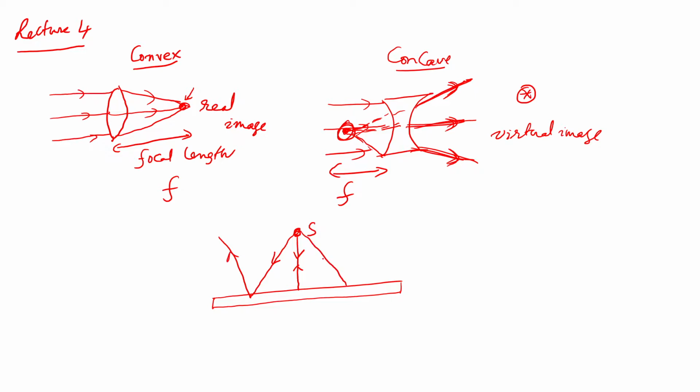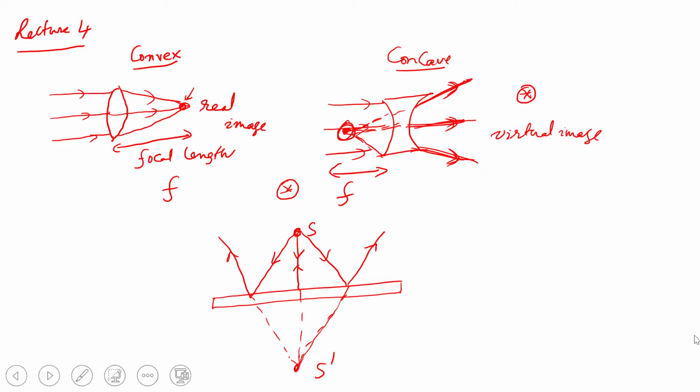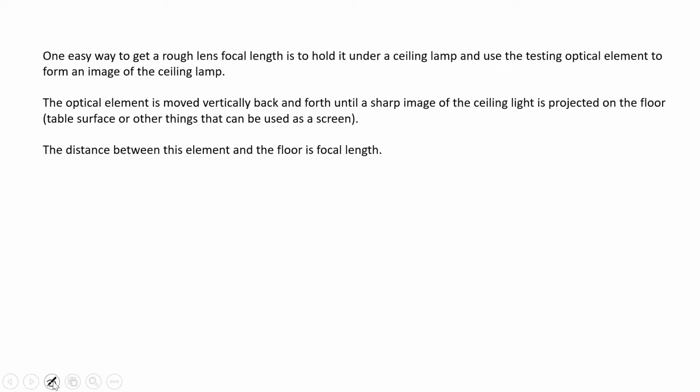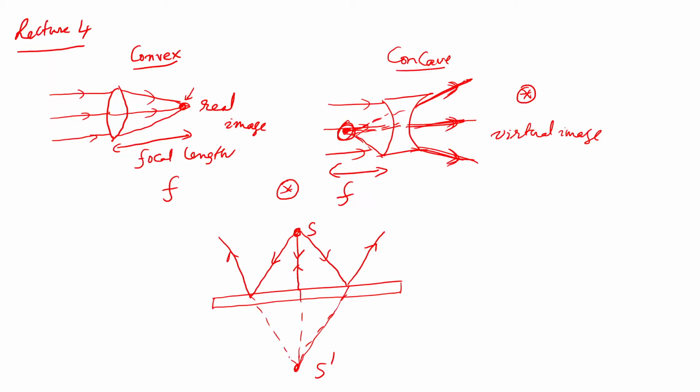If I am viewing from this side of the mirror, it appears as if these rays are coming from a point source S prime that is behind the mirror. There is no real point source behind the mirror, but it appears as if these rays are coming from an image that's behind the mirror, so that's a virtual image.